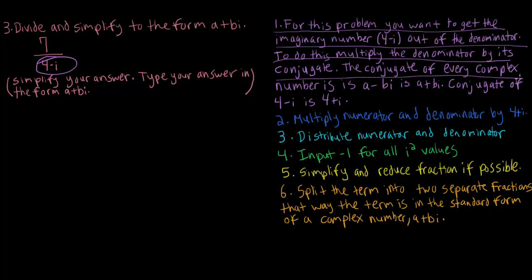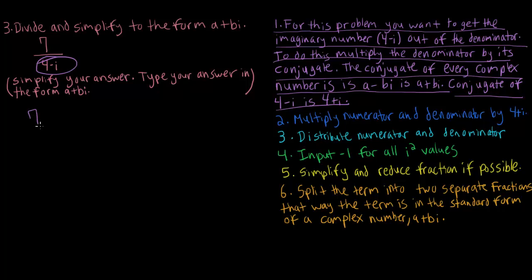The conjugate of every complex number a minus bi is a plus bi. So the conjugate in this case of 4 minus i is 4 plus i.